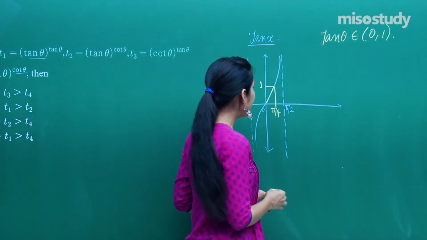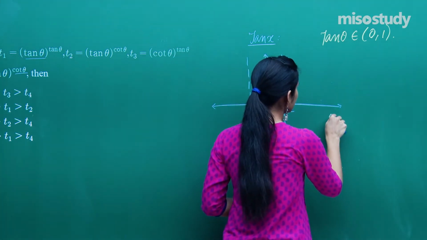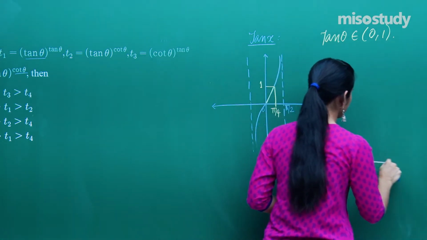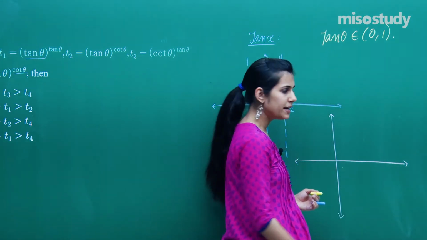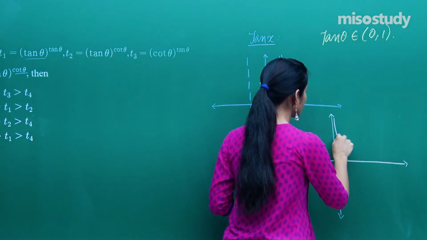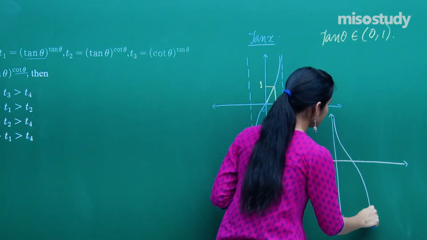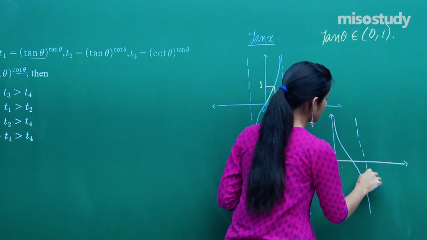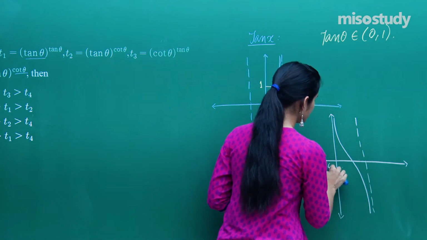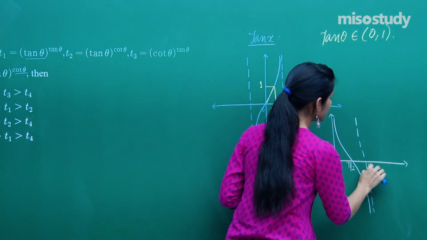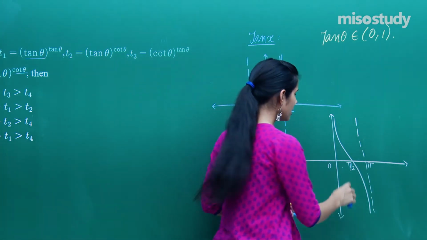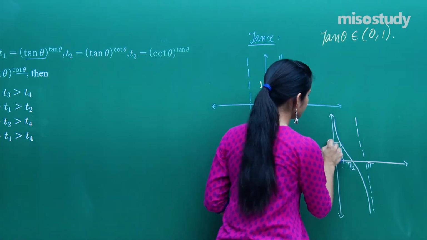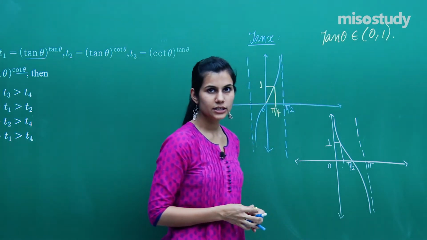Fine. Whereas, alternatively, if I talk about cot, how does cot behave? This is 0, this is pi by 2, this is pi by 4. Cot pi by 4 is 1, right?